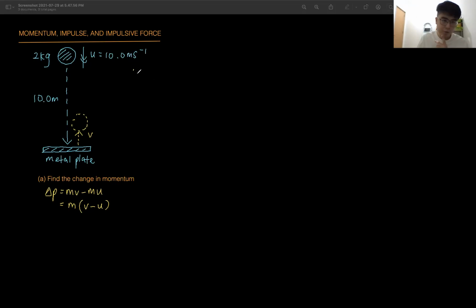So u is 10 meters per second, and g is 9.81 meters per second squared. s is 10 meters. You find the final velocity just before it hits the metal plate.